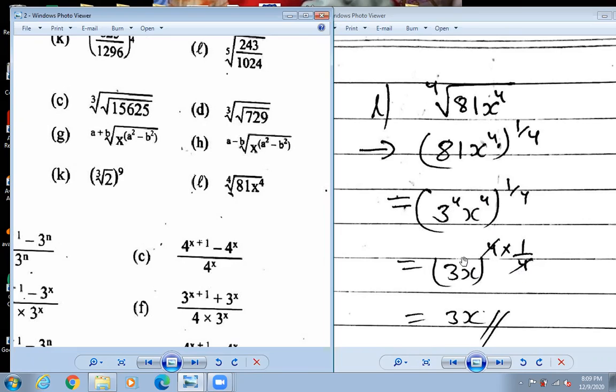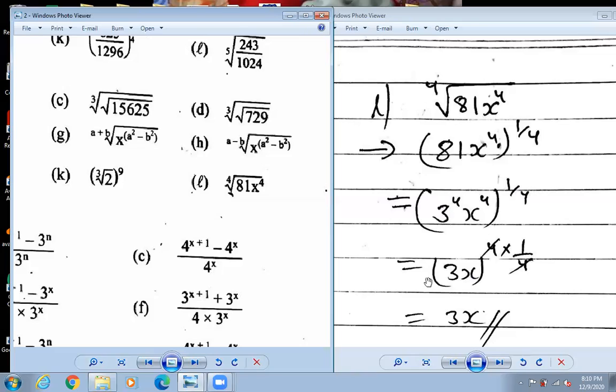If the power is 4, both numbers get it, isn't it? The power has to be given to both. In the same way, the 4 and 4 are common, so we can take it as common. We don't multiply 4 times 4 to make 16, because it is common. Like two people each having two chocolates, it is still two, not four. Got it? So 4 is the common number.